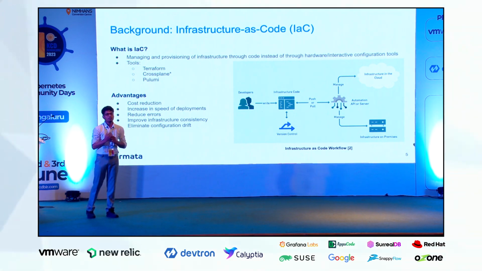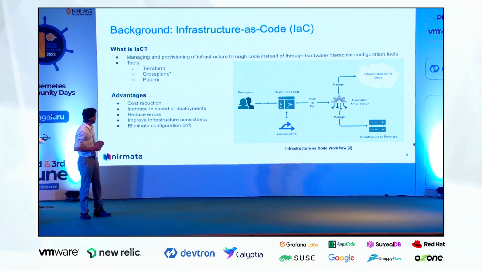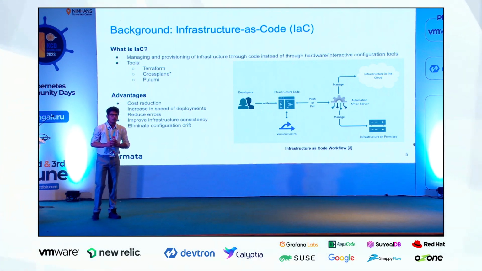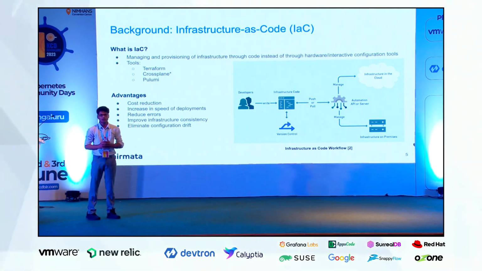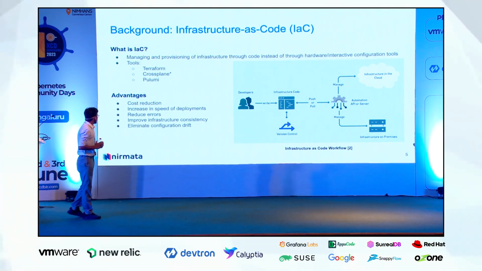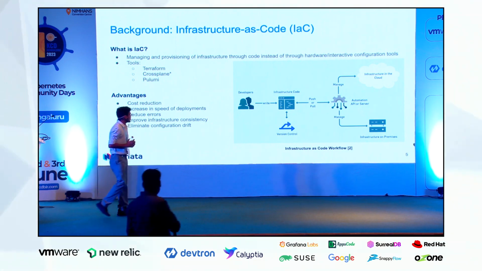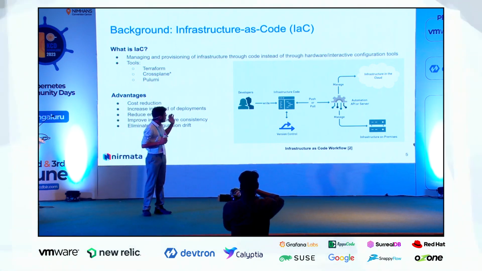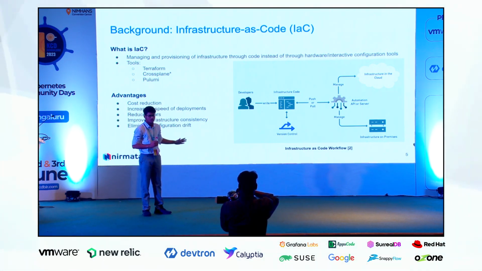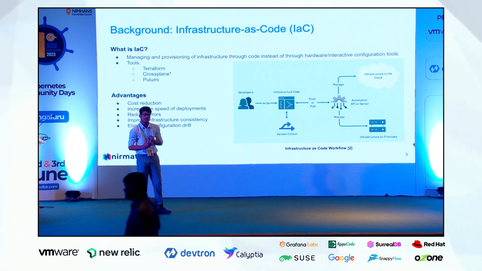That is accomplished with the help of certain tools. The popular ones are Terraform, Crossplane, and Pulumi. We would be briefly talking about Crossplane in this talk. On the right hand side, you can see a developer first writes the infrastructure as code, and it's a suitable practice to implement the GitOps principle while implementing infrastructure as code.